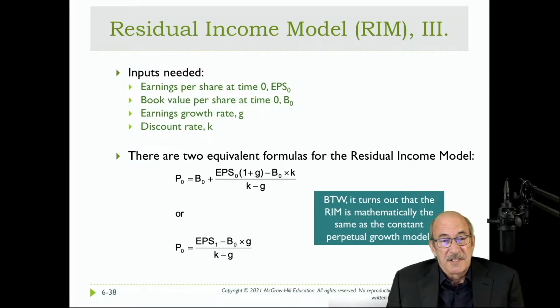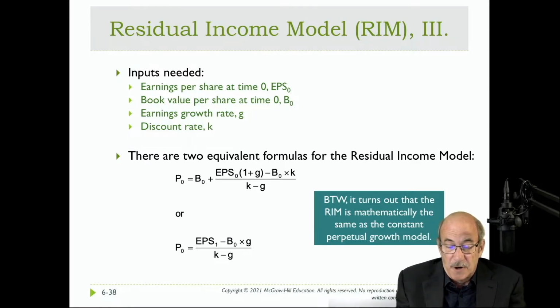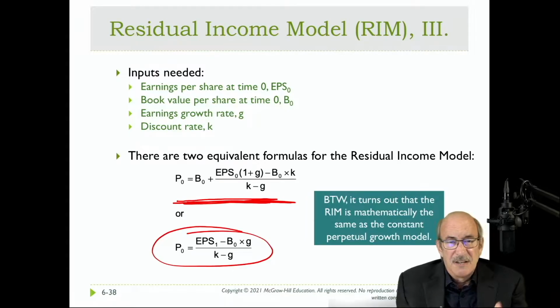Quite honestly, I think it's easier to see when we're looking at the formula right here, and my preference is to use this formula. The one below is the same exact formula, just a slight algebraic change in the notation.